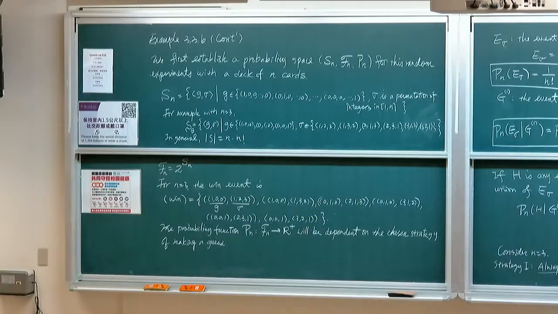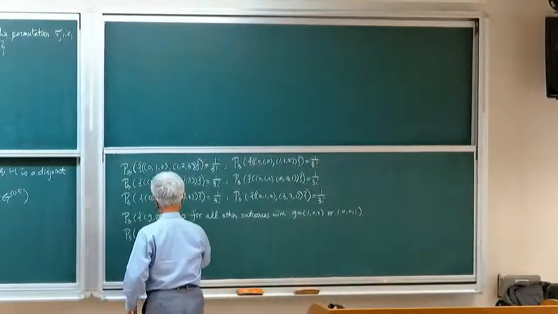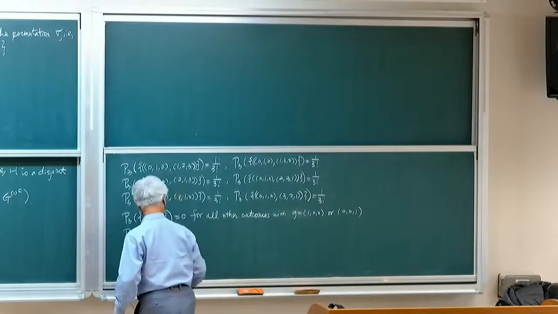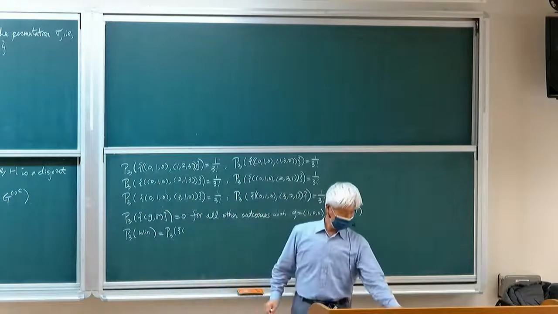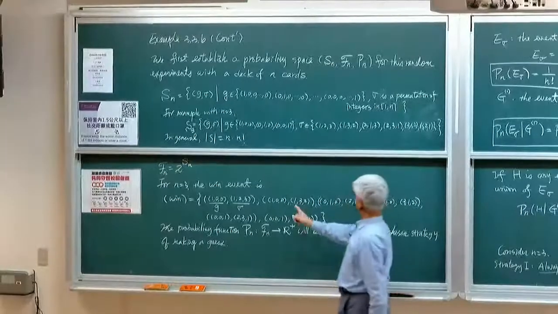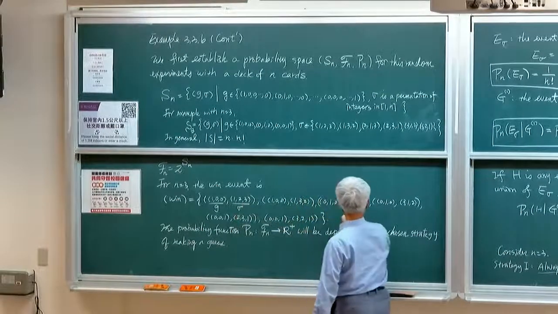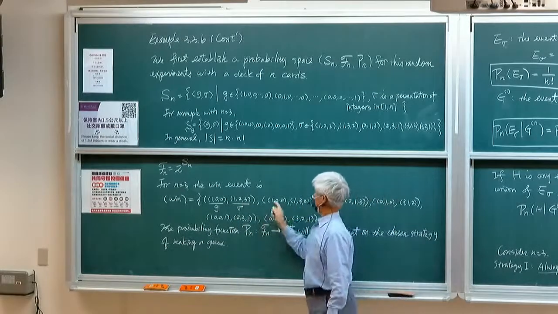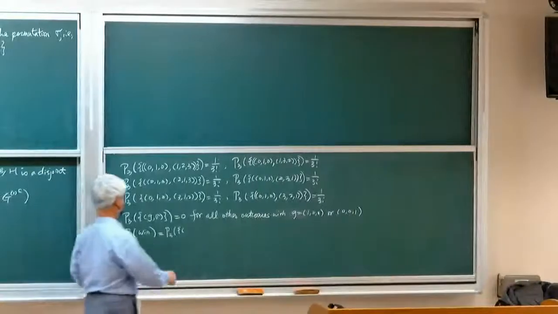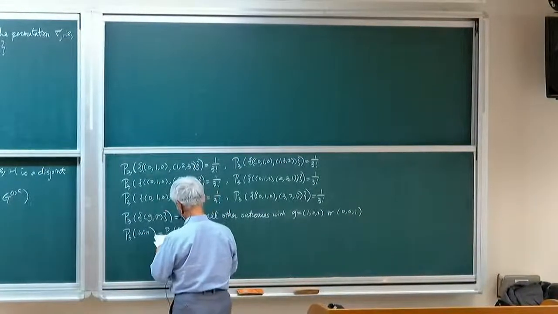Because this event is the union of 1, 2, 3, 4, 6 atomic events, and they are disjoint unions, right?